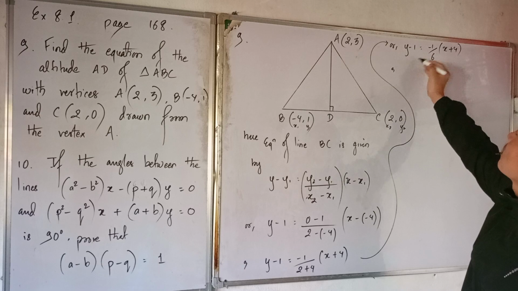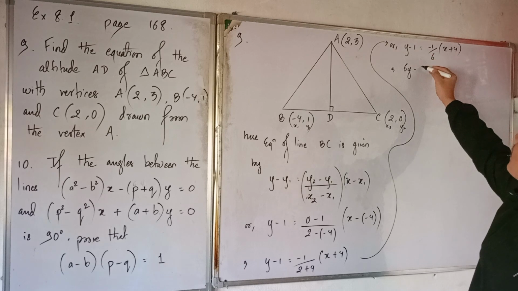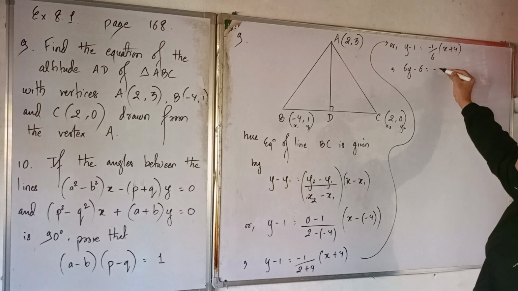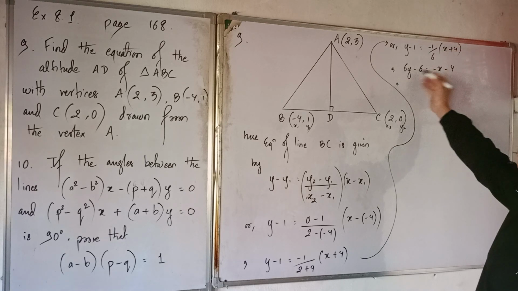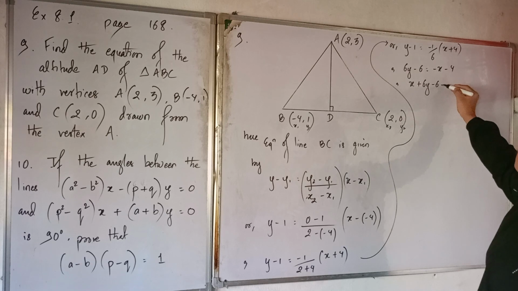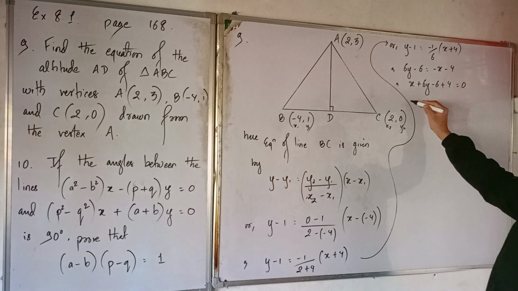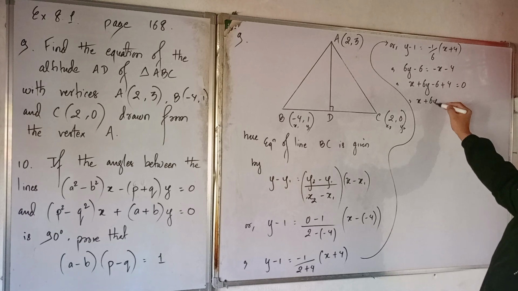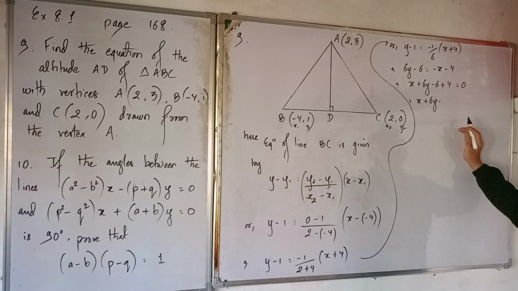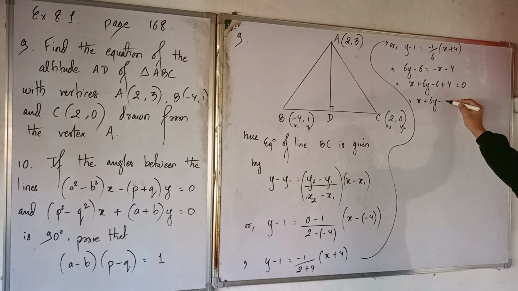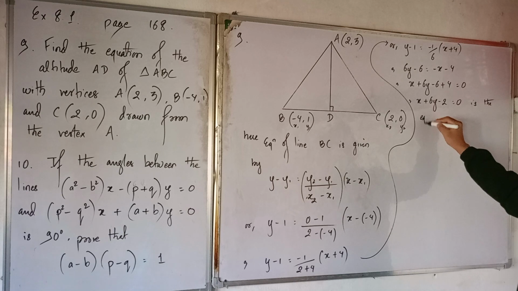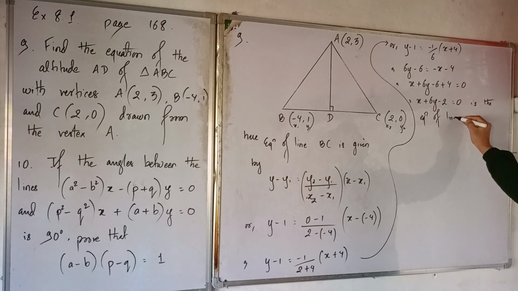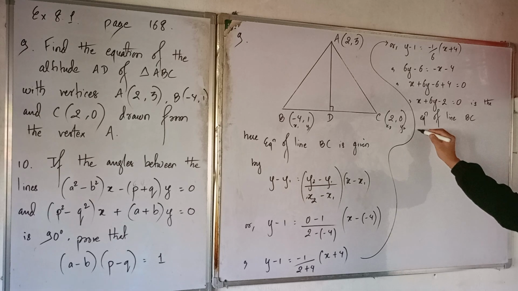Now multiply 6 to the other side: 6y minus 6 equals minus x minus 4. Now move everything to the left-hand side: x plus 6y minus 6 plus 4 equals 0, or x plus 6y minus 2 equals 0 is the equation of line BC.